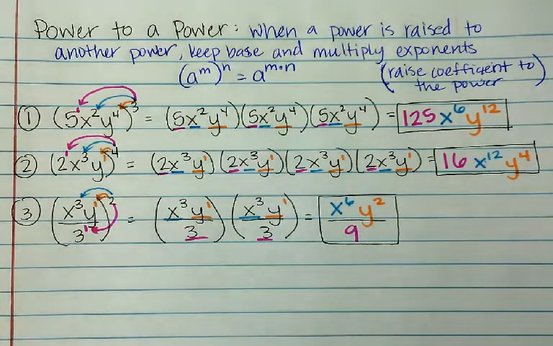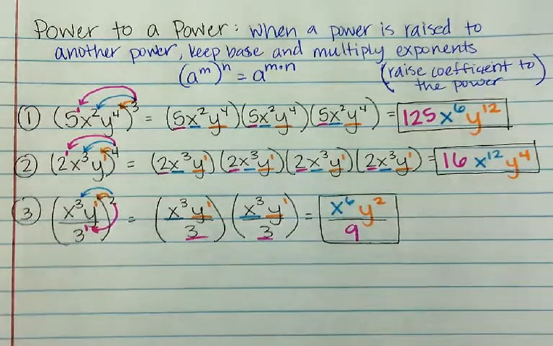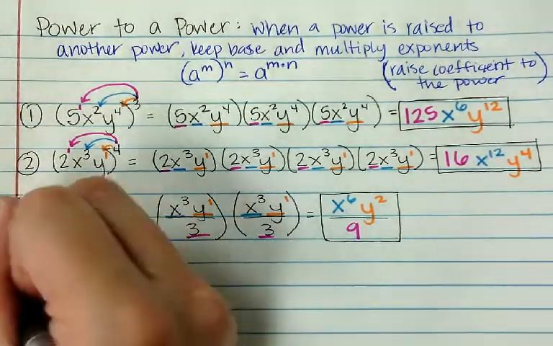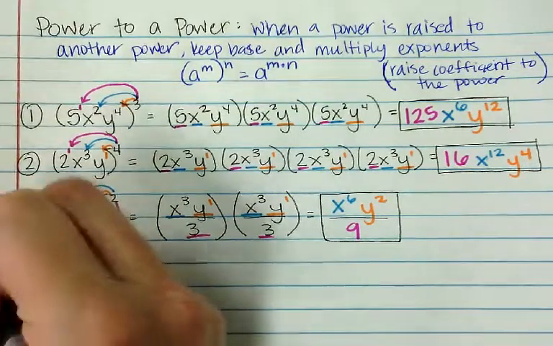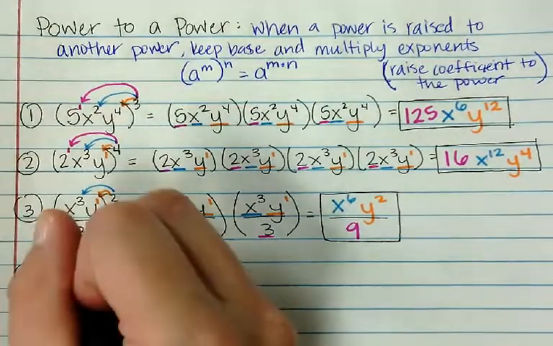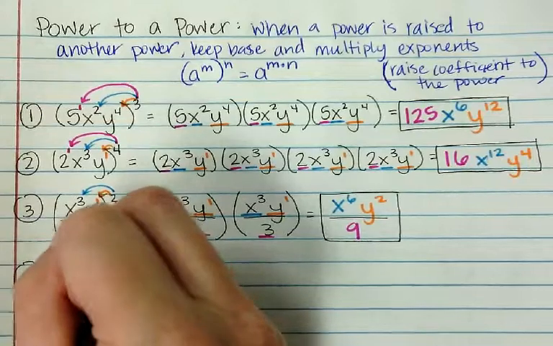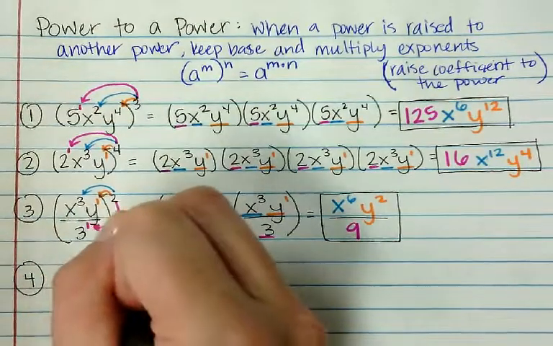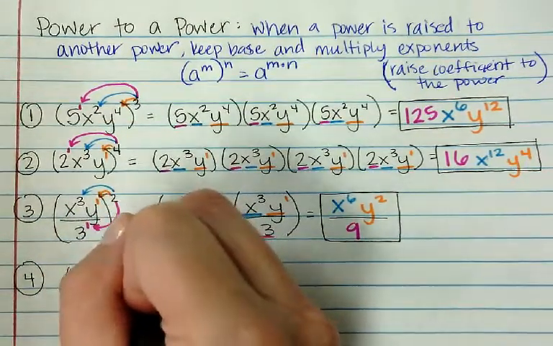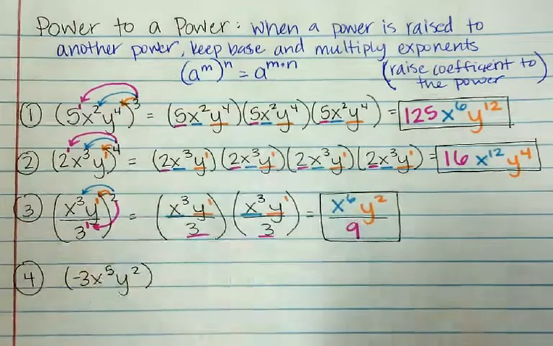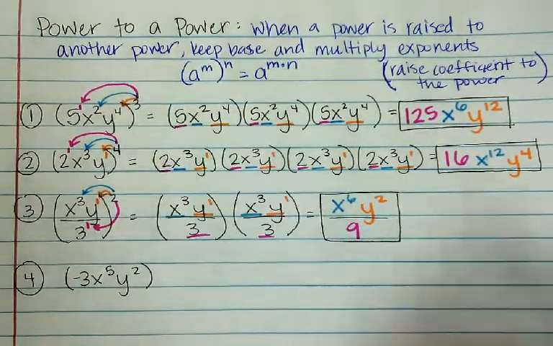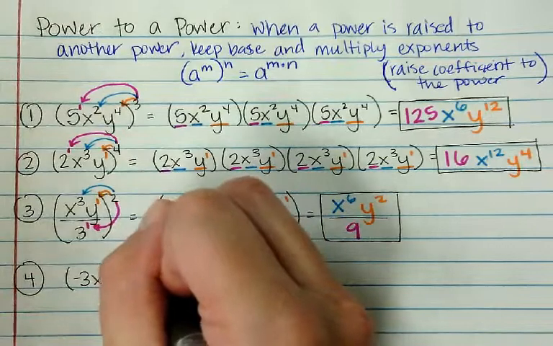So we have negative 3x to the 5th power y squared. And then we are going to raise that up to the 2nd power. All right, y'all? We're going to raise that up to the 2nd power here. And then for number 5 here, I'm going to mix things up.